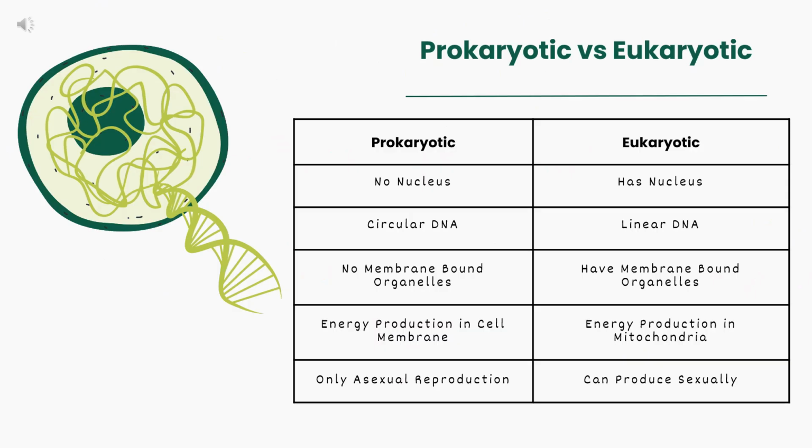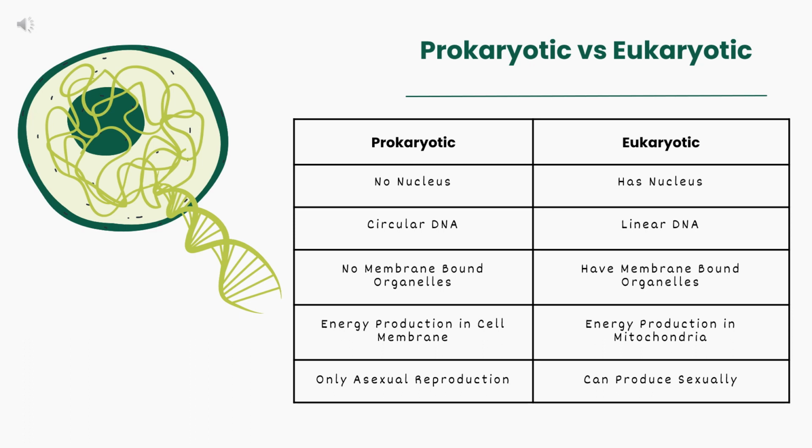So now we're looking at the difference between the prokaryotic and the eukaryotic cells. These cells are very different, and one of the main differences is the size of the cell. Prokaryotic cells are very small, and they don't contain a nucleus. Compared to them, eukaryotic cells are quite large in size.